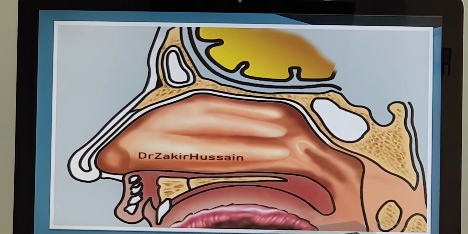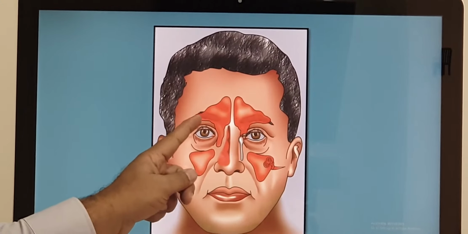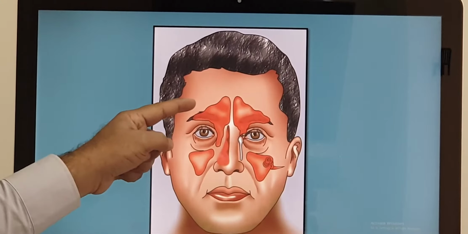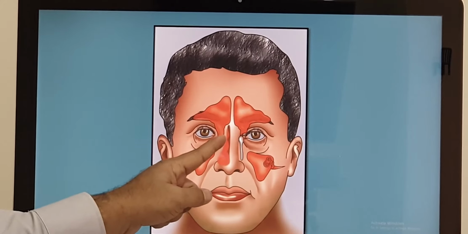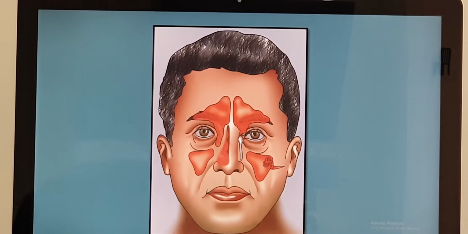So if you see the position of the orbit or the eye, it is surrounded almost on all sides by the sinuses. Frontal sinus here, ethmoid sinus medially, and inferiorly you have maxillary sinus. And by the way, in children, the ethmoid sinuses are well developed, and any severe infection of the sinuses can easily spread from the ethmoid sinus into the eye, because the separation between the sinus and the orbit is very thin.